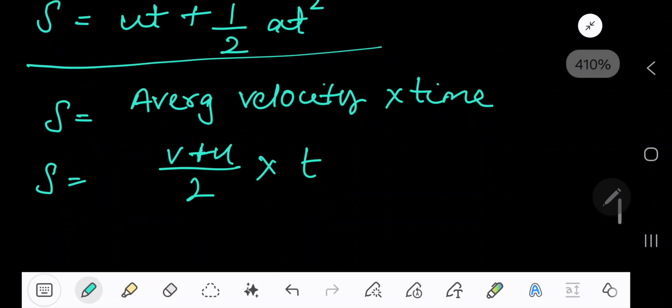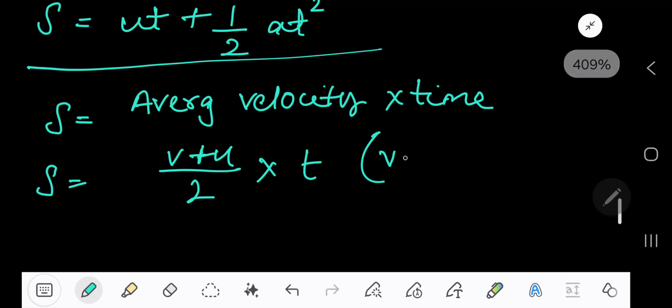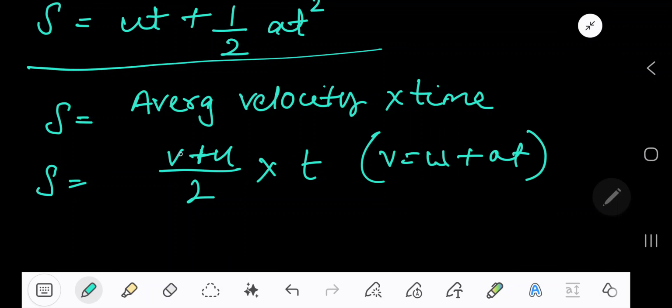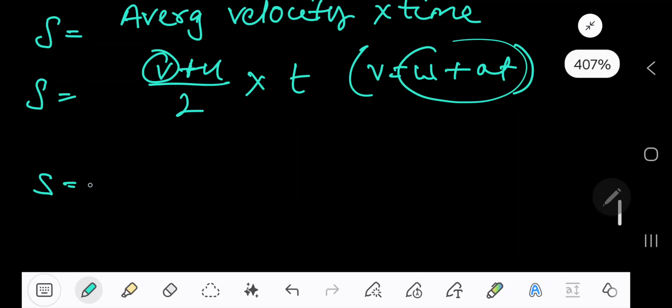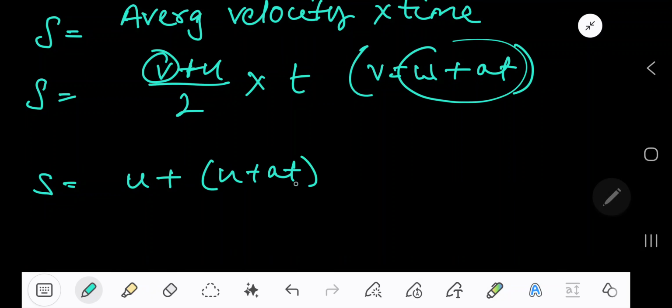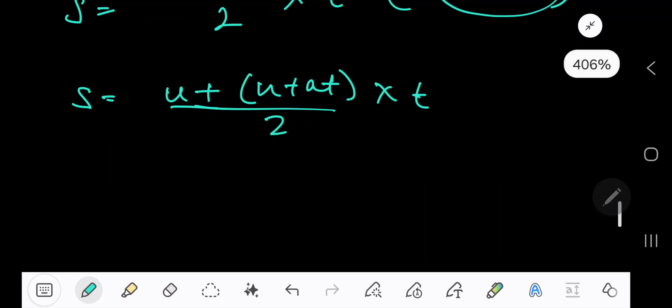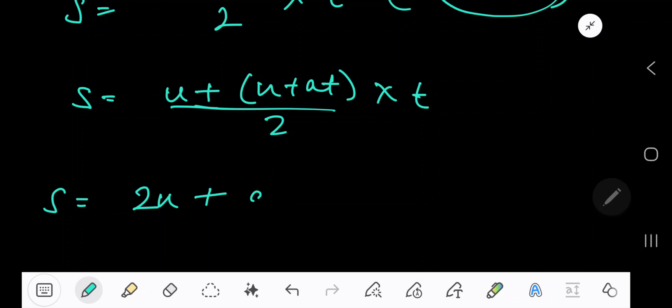In our first equation we knew that v equals u plus at. So over here we can sub in the v for u plus at. Therefore s would be equal to u plus u plus at over 2 into t. So s equals 2u plus at over 2 into t.